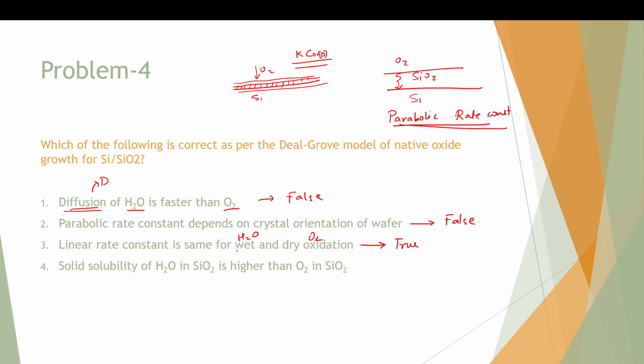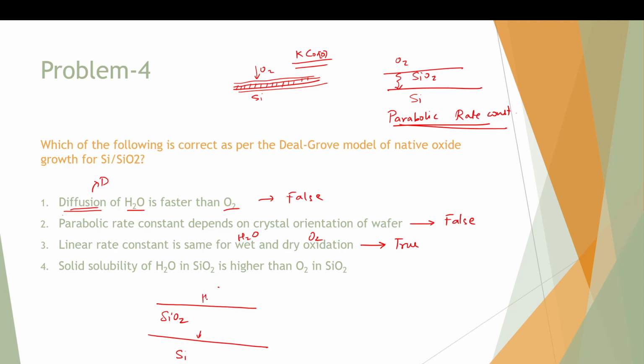Okay, so what I mean to say is, now this is SiO2, right? And we are putting either H2O or oxygen gas. Oxygen gas has a lower solid solubility in SiO2, so less oxygen gas will be able to reach the silicon surface.